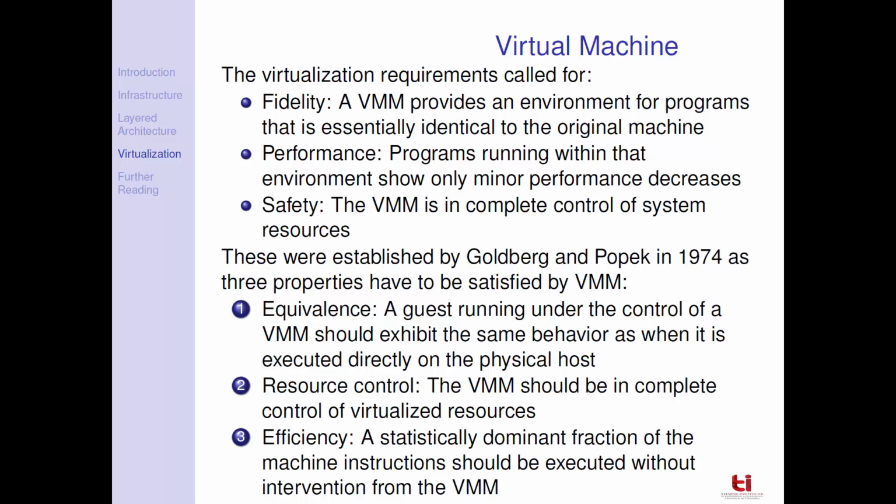Therefore, it is important that a dominant, major fraction of the machine instructions should be executed without intervention from the virtual machine monitor. Only some privileged instructions which actually try to modify or change the hardware should go via the virtual machine monitor, that is, the hypervisor. So these were the three properties that were established by Goldberg and Popek in 1974, and they have to be satisfied by any hypervisor.